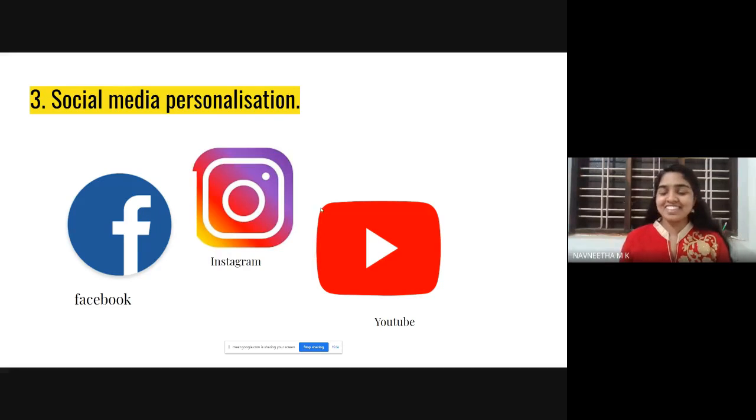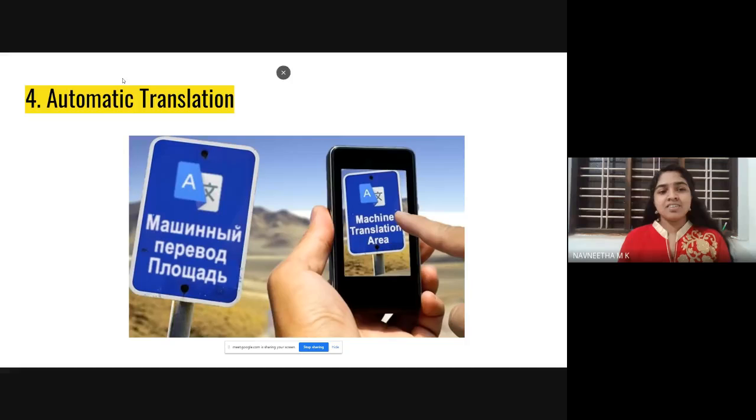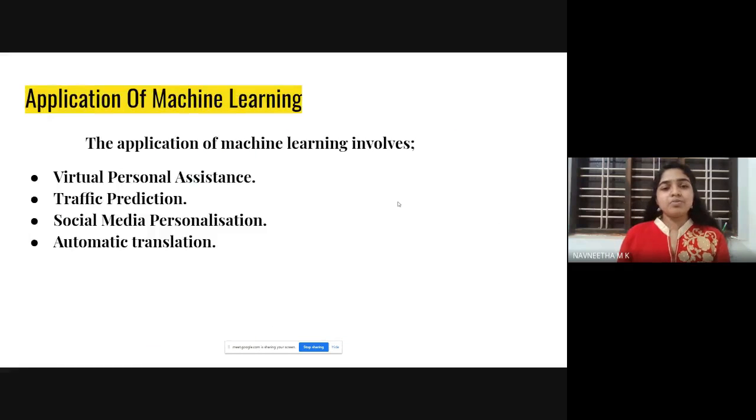Then automatic translation means visiting a foreign country without a familiar language, and it will convert it to our mother tongue. That is automatic translation. These are the four types of applications of machine learning.